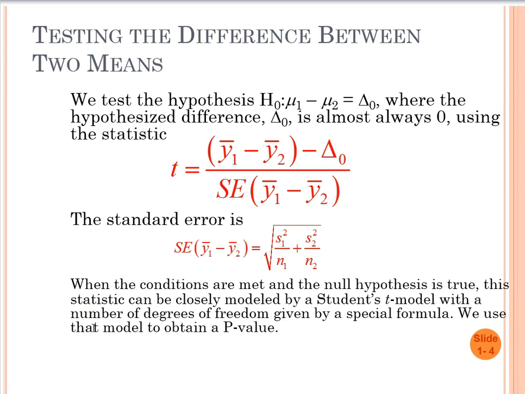So this is the formula that I use to construct my t-score and ultimately use to calculate my p-value. Again, your book shows you a different method for calculating that standard error, called the pooled standard error. In a few instances, you may find differences in these two types of standard errors.